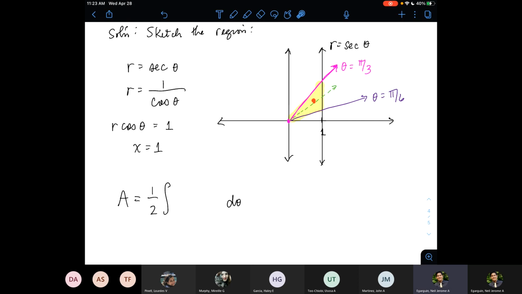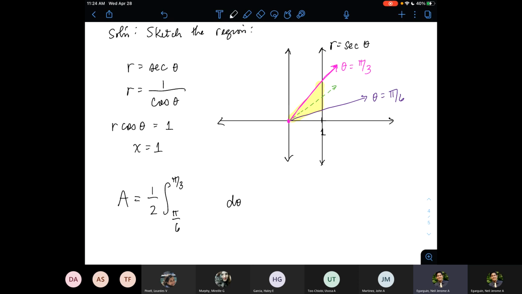So this guy is being scanned that way, right? But I will stay on the shaded region. So the starting point for this radial ray will be from here, and then it will travel until here. So the angular span of that sector would be from theta equals pi over 6 until theta equals pi over 3, because that is the angular span of the region of interest, right?